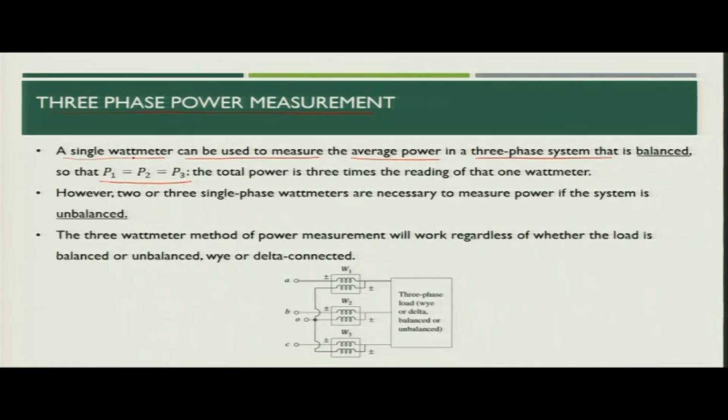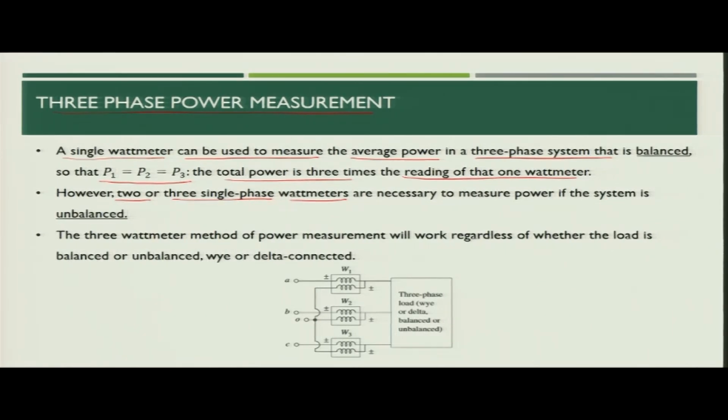So, if we measure power for one single phase, the total power will be 3 times the reading of one wattmeter. Now, if the system is unbalanced, in that case the single wattmeter method cannot be utilized. In that case we need either 2 or 3 single phase wattmeters to find out the total power in case of unbalanced 3 phase system.